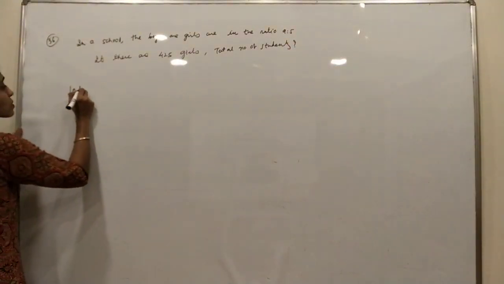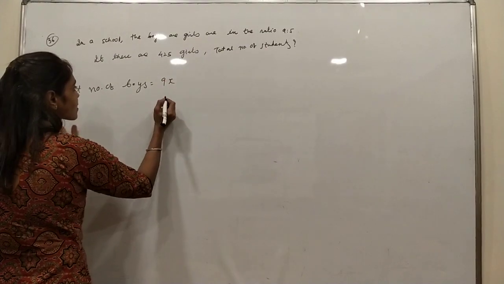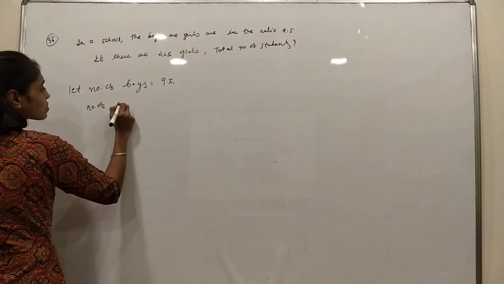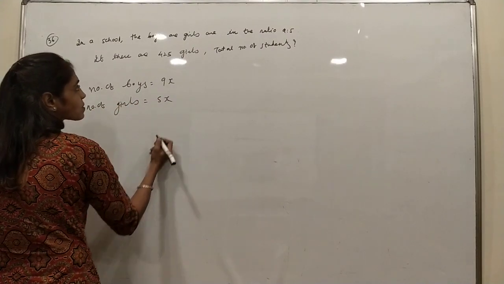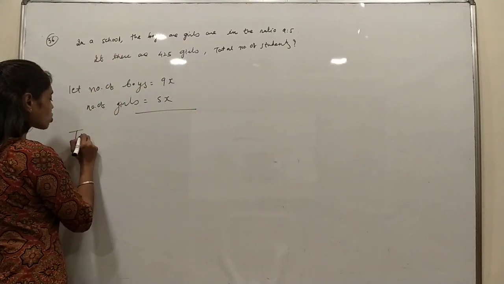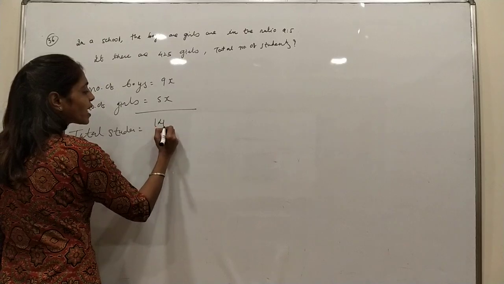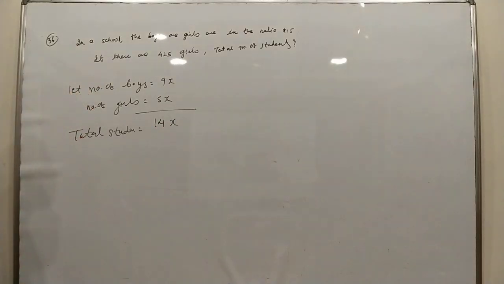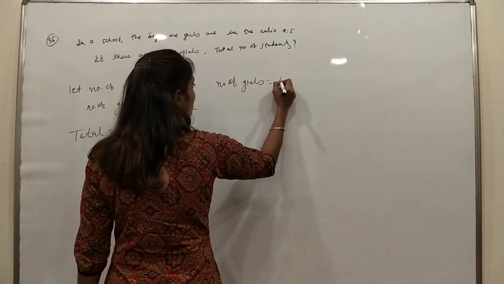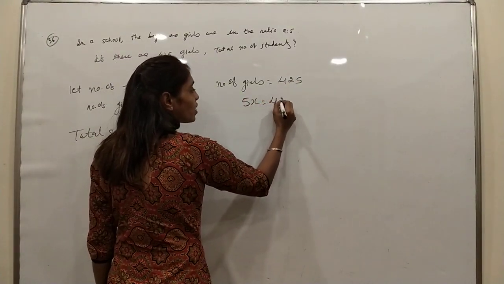Let the number of boys be 9x, because boys to girls is 9:5, and the number of girls be 5x. Total students are 9 plus 5, 14x students. The number of girls given is 425, so 5x is 425.